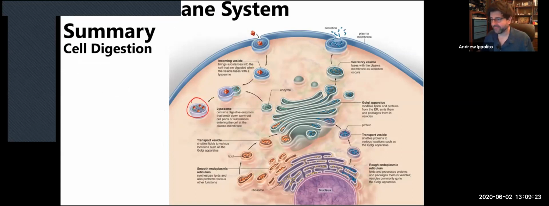You can also see the smooth ER right here, and how it's creating lipids, so lipids get manufactured in the smooth ER. Here's the rough ER making its proteins, and you can see it fusing, and these proteins getting modified and tweaked and cleaved and whatever until eventually they go out.